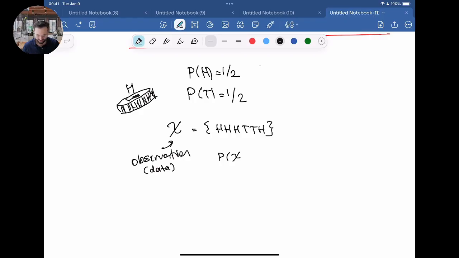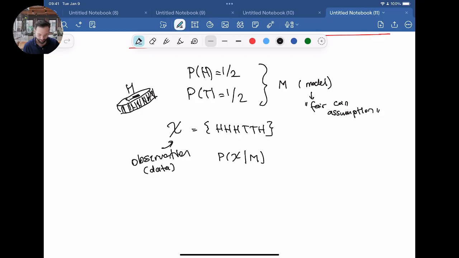Now at this point, I would like to call this thing my model. I'm going to put a capital M here, M for model, and I can call it the fair coin assumption. This might not always be the case. Now I'm going to calculate the probability of observing what I have observed, conditioned on this model, right?